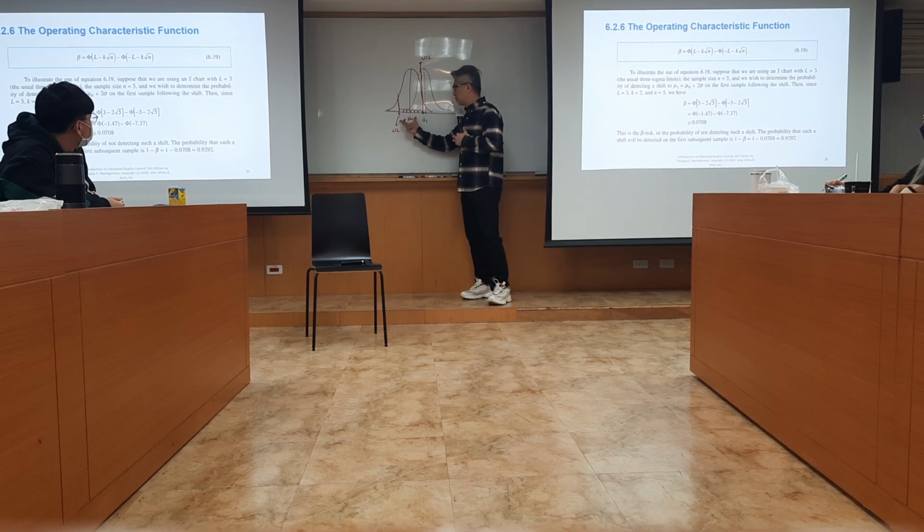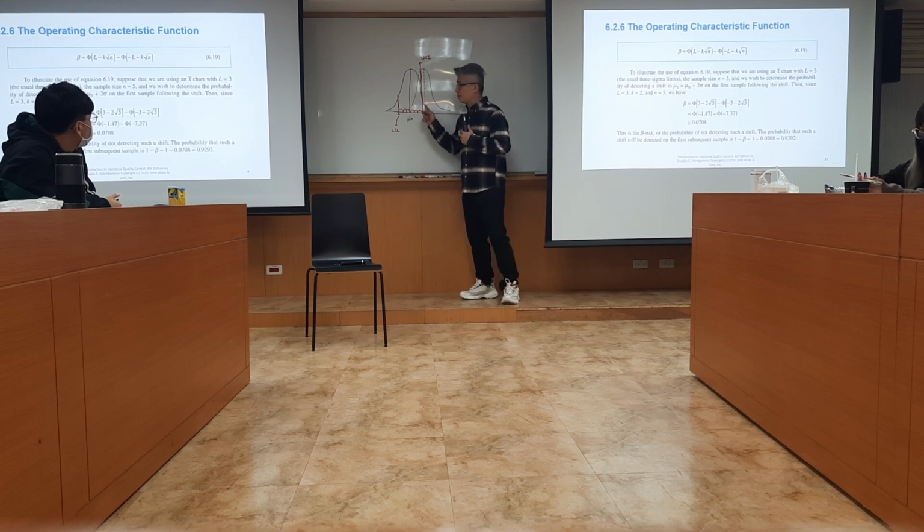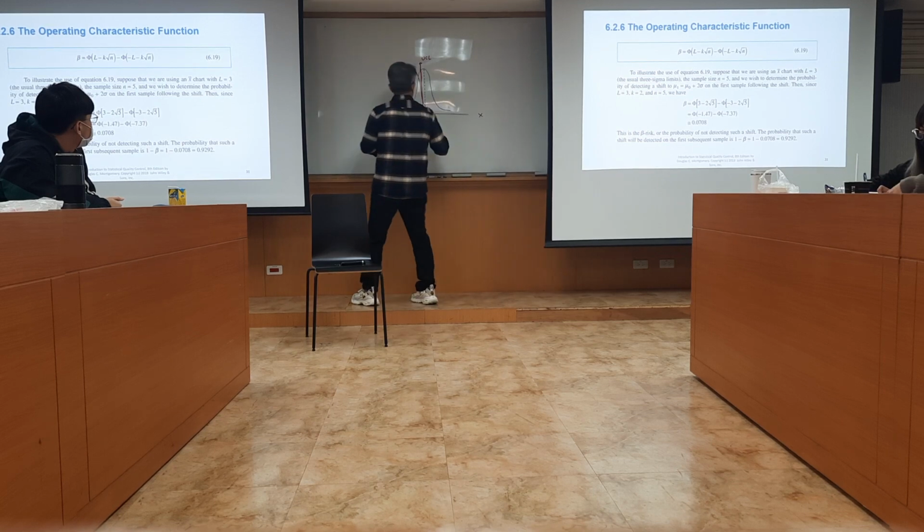The probability is within the lower control limit, that is, greater than LCL and smaller than UCL, right? Am I right? And under which curve? The blue one, right? Okay.